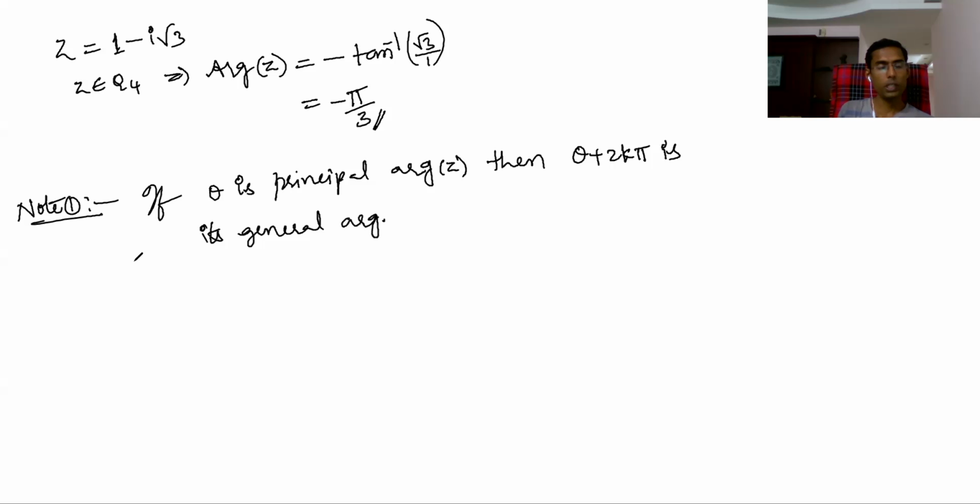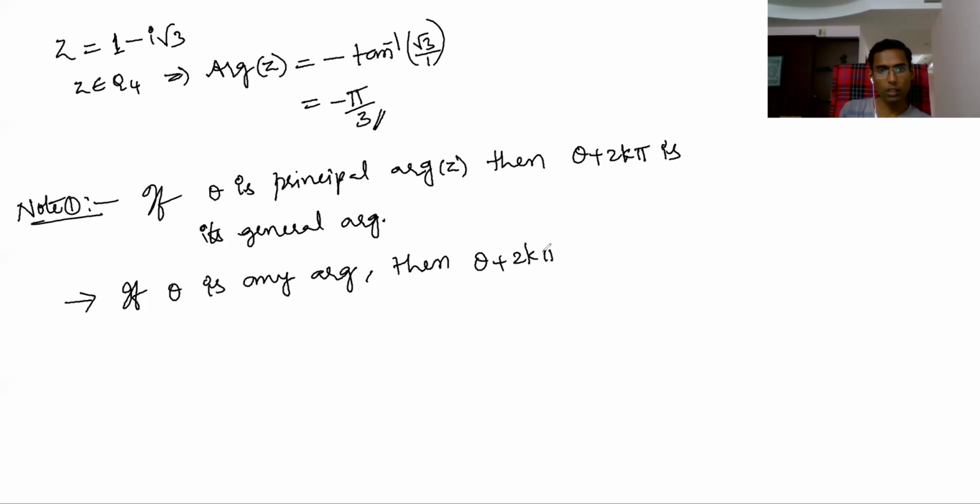That means not only that, you can write it like this also: if theta is any argument, then theta plus 2k pi is also an argument.